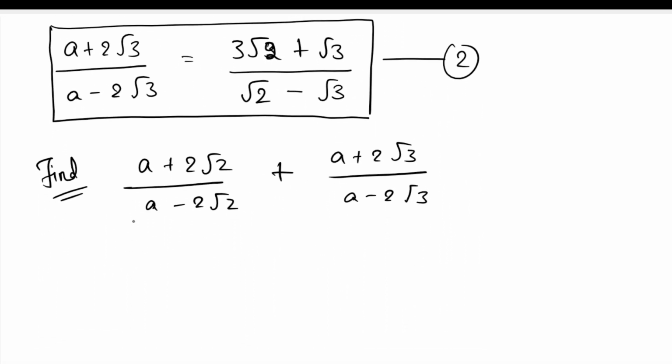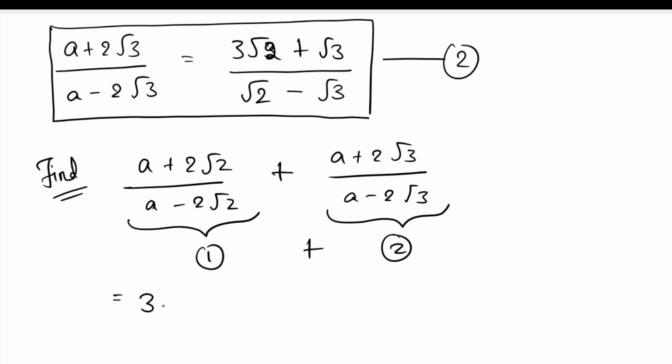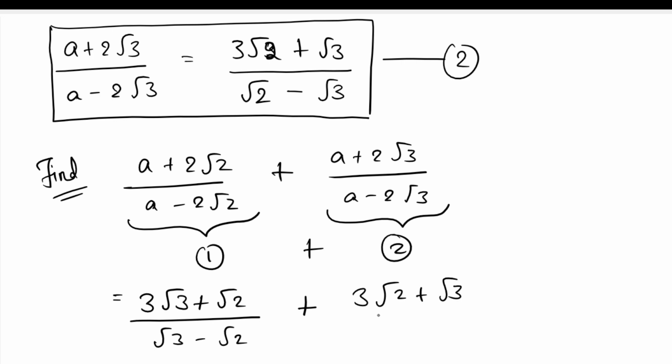So you see that this is nothing but equation 1 plus equation 2. So now we are just going to add equation 1 and 2. From equation 1 we get 3 root 3 plus root 2 divided by root 3 minus root 2, plus from equation 2 we get 3 root 2 plus root 3 divided by root 2 minus root 3.